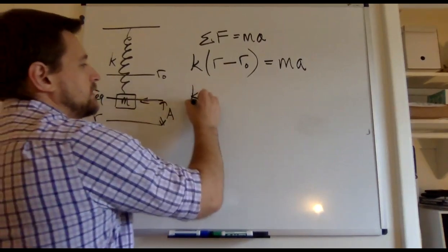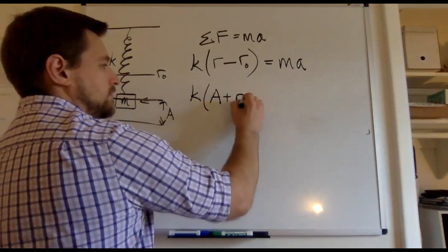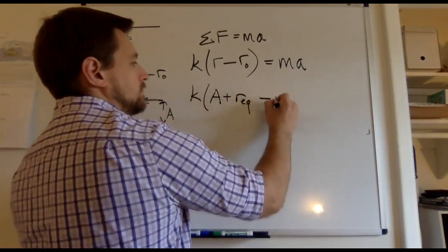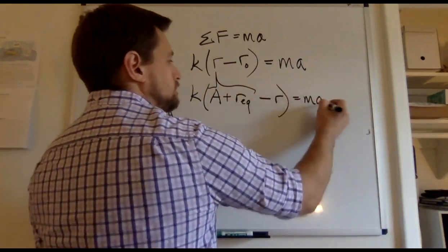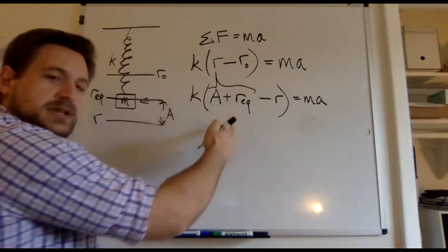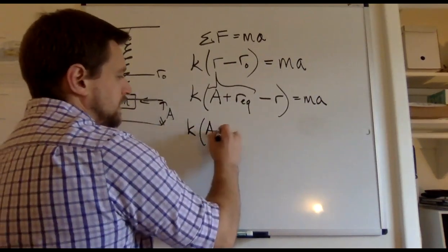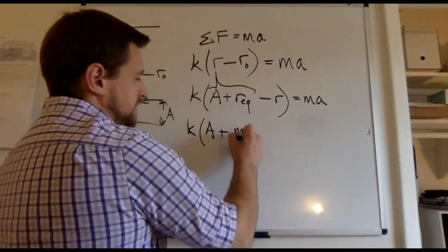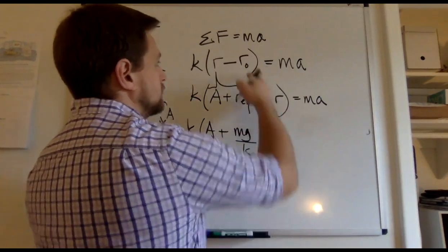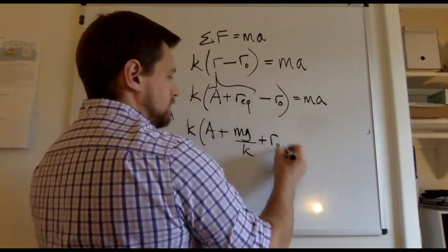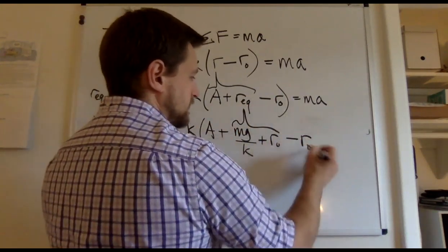So this r is A plus r_eq. But r_eq, we had an expression for it. k A plus mg over k plus r0 minus r0.